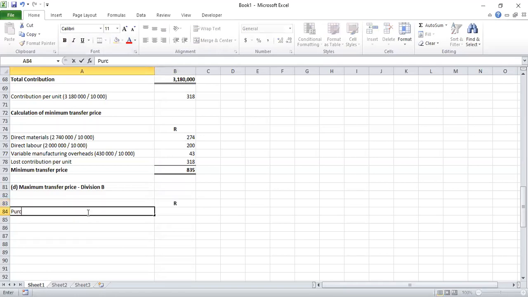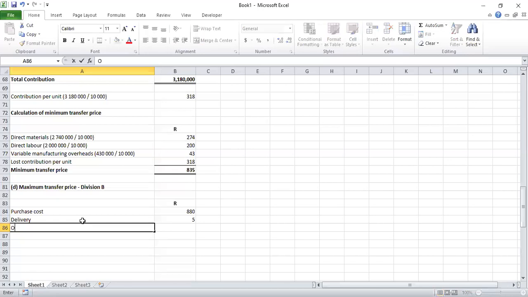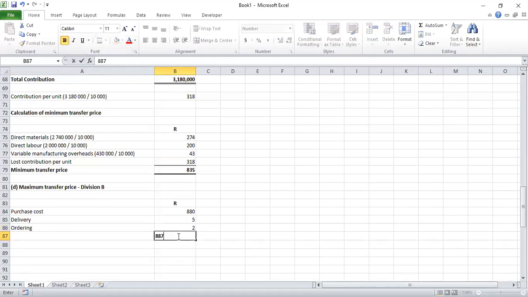Purchase cost, that's 880. Then they've got delivery, 5 rand. Then they've got ordering, 2 rand. Total, 887.